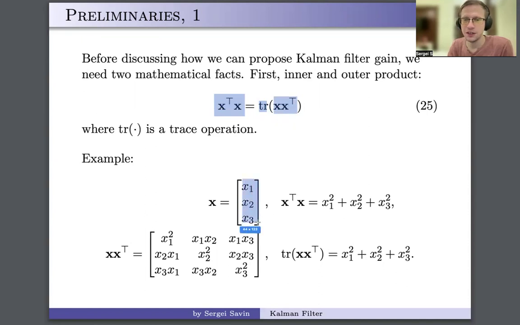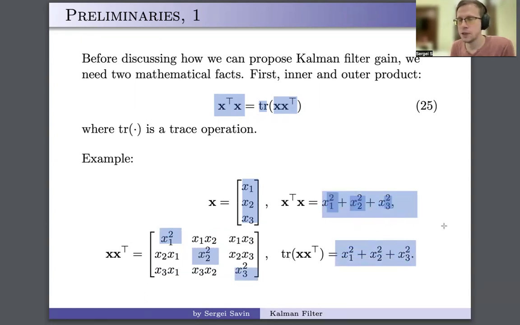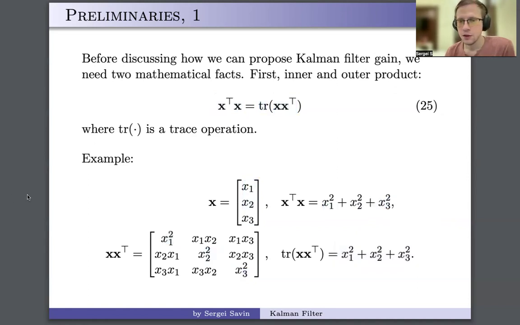Consider x1, x2, x3 vector. So inner product is x1 squared plus x2 squared plus x3 squared. Here's outer product. You can see its trace, x1 squared plus x2 squared plus x3 squared, is equal exactly to the inner product. So just an interesting fact. Trace of the outer product is equal to the inner product.